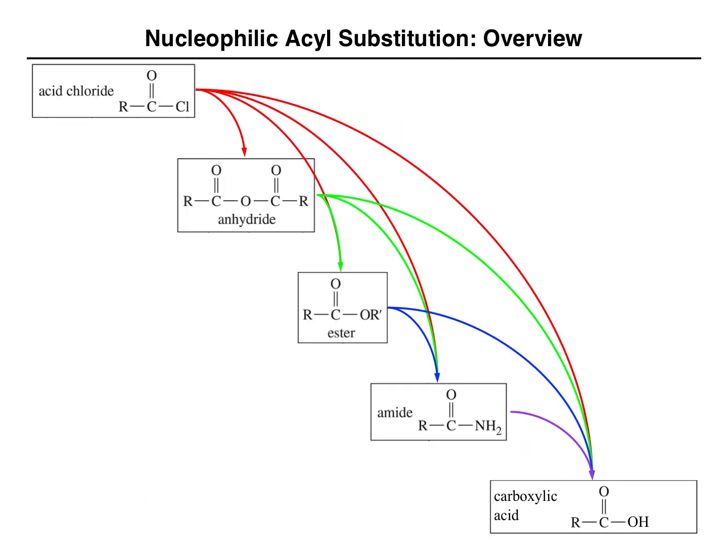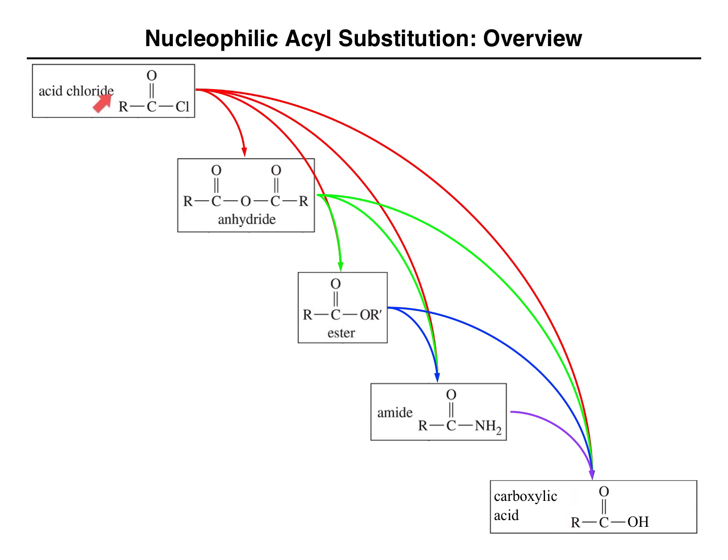And here's another way to think about interconversion of carboxylic acid derivatives by nucleophilic acyl substitution. Because acid chlorides have the most unstable carbonyl, that makes this the most electrophilic, the most reactive. Therefore, acid chlorides can be converted to anhydrides, esters, amides, and carboxylic acids.